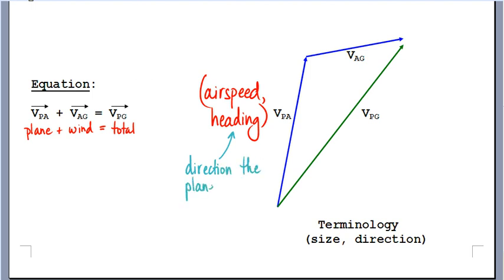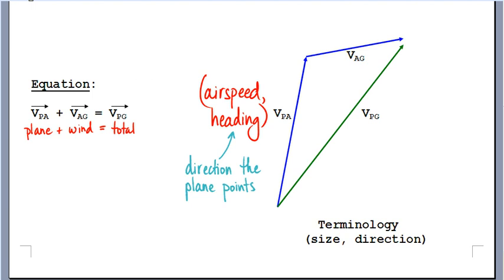And it turns out on a windy day, that's not necessarily the same as the direction the plane actually goes. Just like we saw with the boats that can sort of move crooked through the water, on a windy day, with a crosswind, airplanes will fly crooked. So the heading is the direction the plane points.